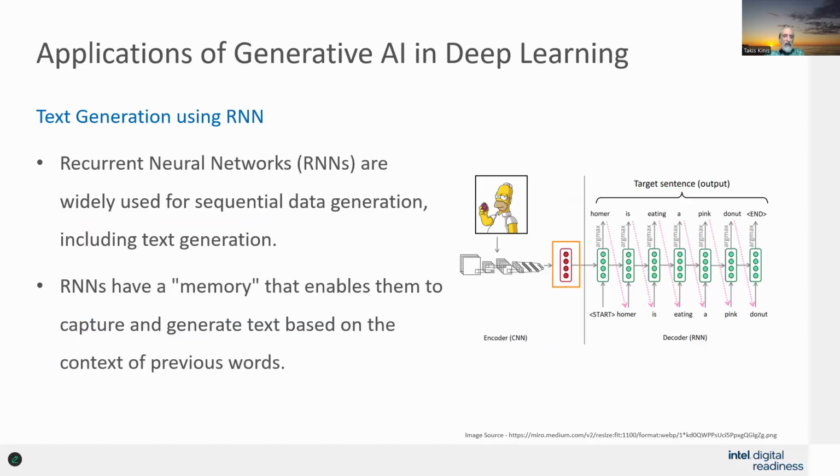Another application is text generation. So RNNs are used a lot for sequential data generation. Language fits into that, right? Both the letters of a word and the words of a sentence and the sentences of a paragraph, etc. Because they have a memory that enables them to capture and generate text based on the context of the previous words. So for example, Gateway gave me access to Grammarly.